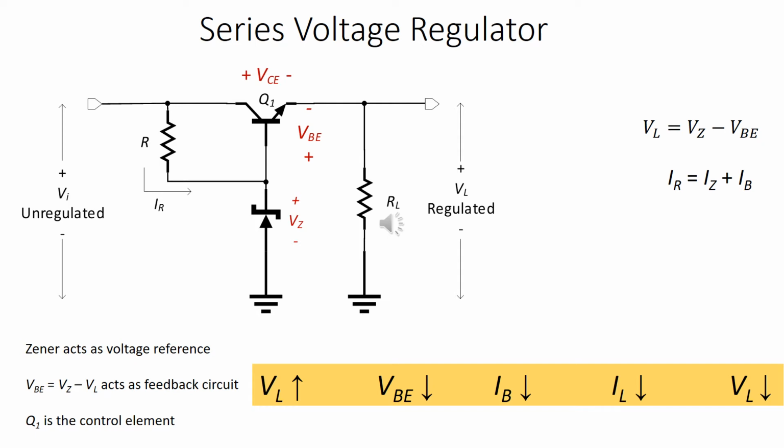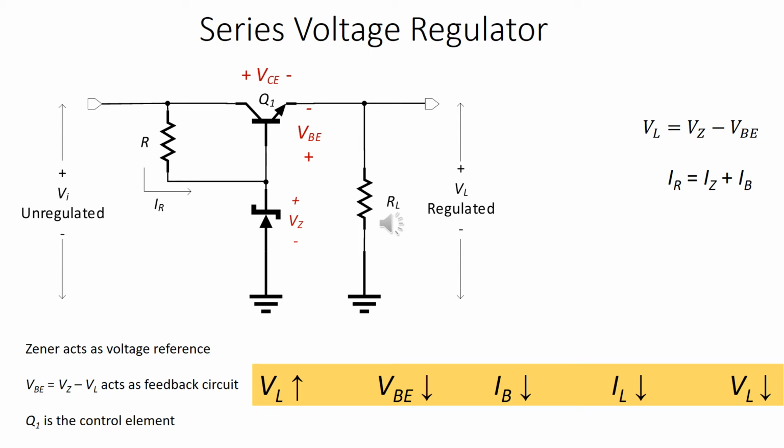But this expression may not help us mostly. Simple reason: VCE could be anywhere between 0 and the supply voltage Vi unregulated. We need a more certain way of finding VL regulated.